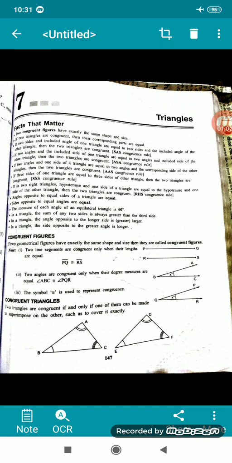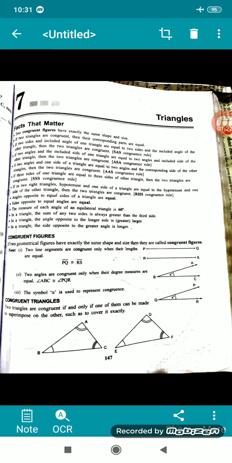ASA, angle side angle. Next, if two angles and one side of a triangle are equal to two angles and the corresponding side of the other triangle, then the two triangles are congruent. AAS, congruence rule.